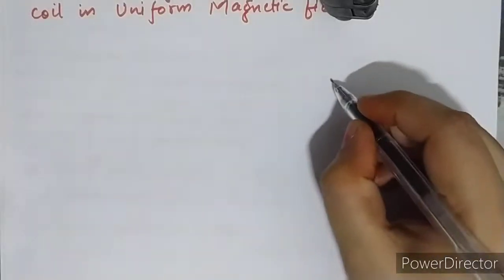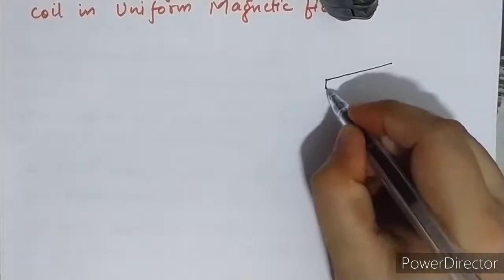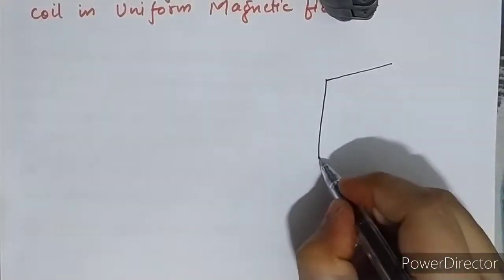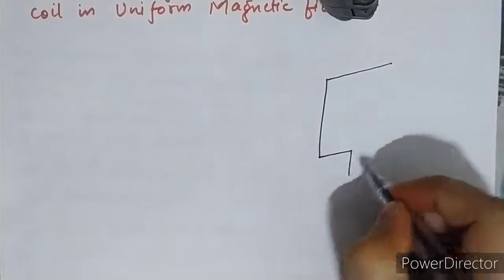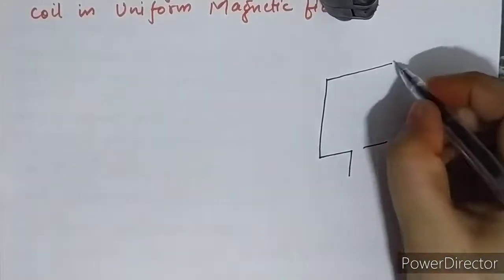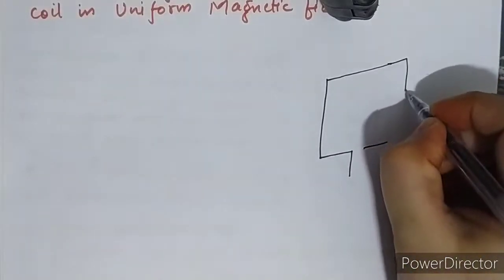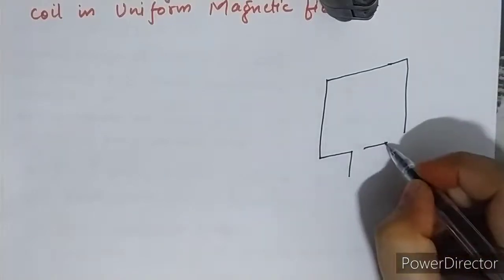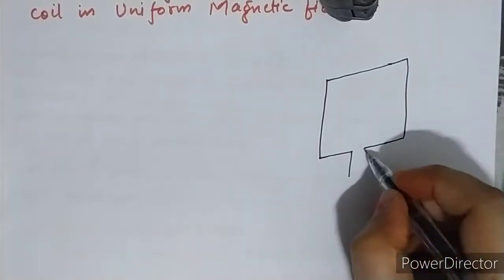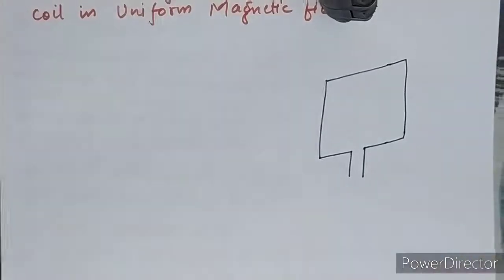First we took a conducting rod, then a metallic disc, and now we are taking the rectangular coil. Okay, so I am just drawing the diagram. A rectangular coil is there in a frame, like this.